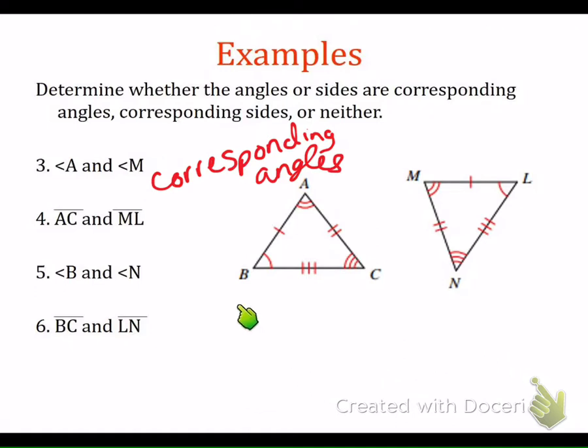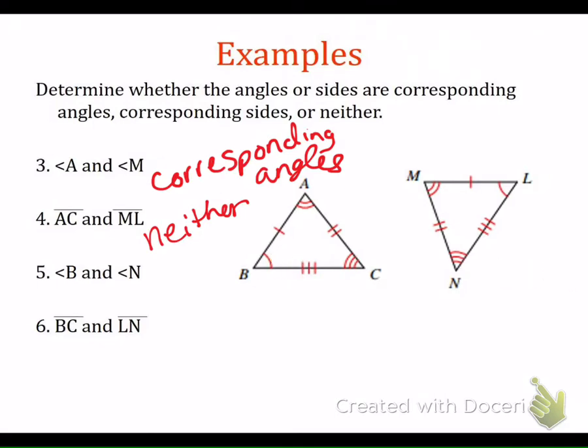All right, number 4, side AC, marked with 2 tick marks. Side ML marked with 1. So would those be? Neither. No, they don't match, so they're neither. Angle B and angle N. Neither. One has one arc mark, one has three.